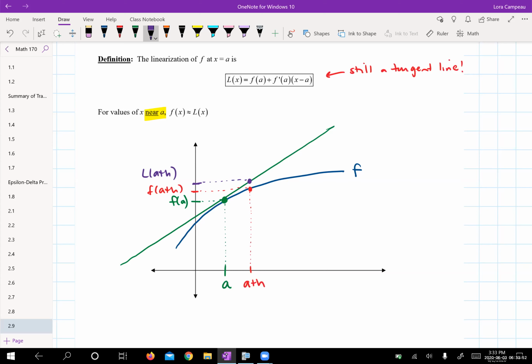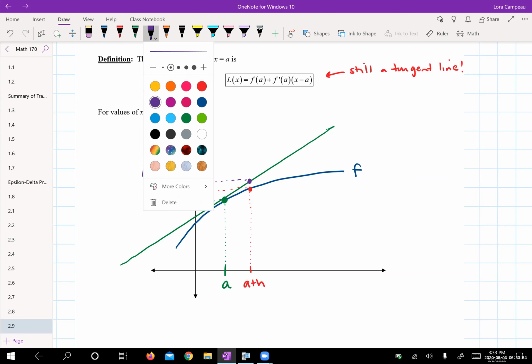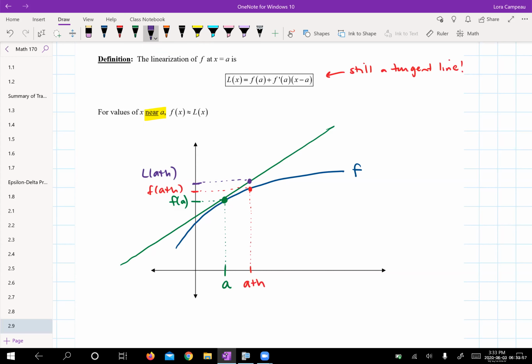And if you could see this, I'll try my best to highlight it. Maybe I'll do this in yellow. The difference between those 2 points, f of a plus h and the linearization of a plus h, that distance right there, I'm going to venture to say that these values are not too far away from each other.